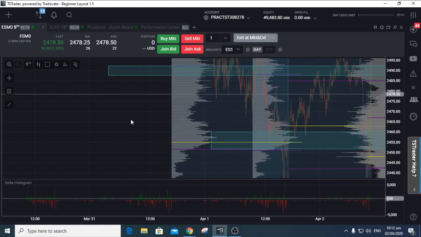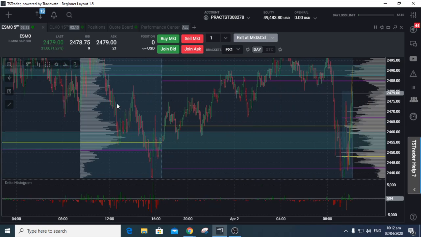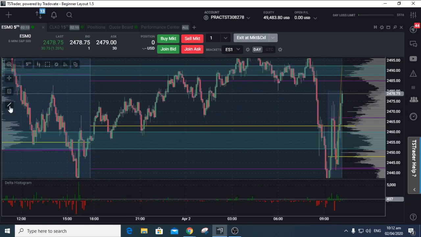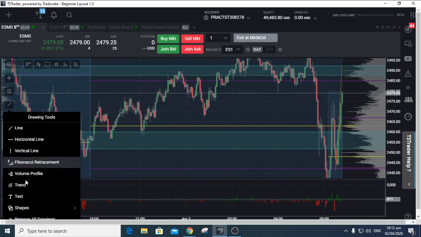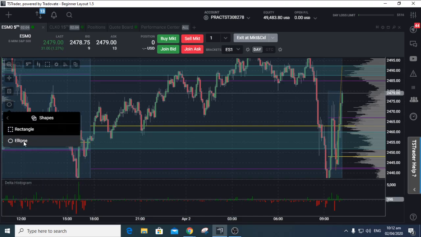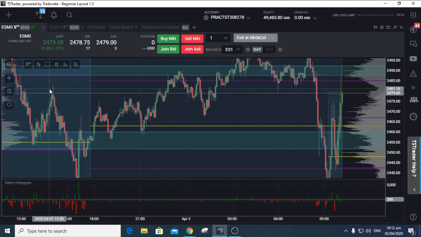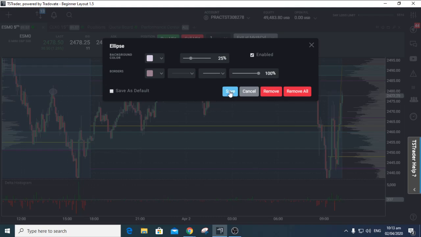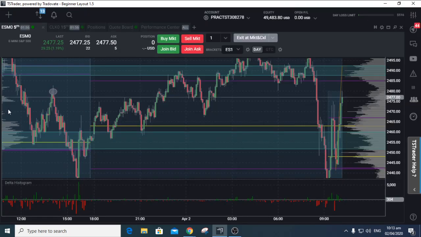There it is. Identify a node. Two nodes.